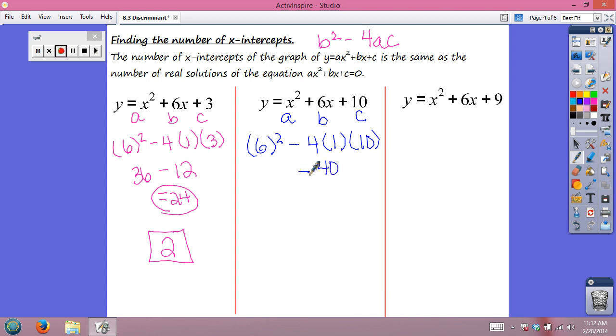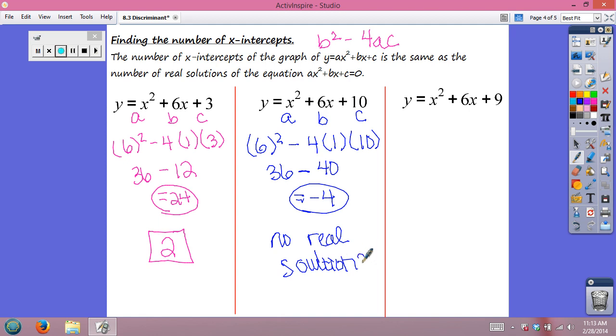So we have a minus still in the middle. 6 squared we know is 36. 36 minus 40 equals negative 4. We have a negative number, and from the notes we know that if we have a negative number, we have no real solutions. So it's asking how many x-intercepts? We have 0.